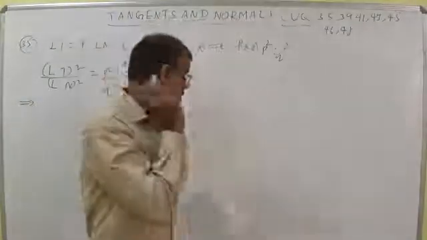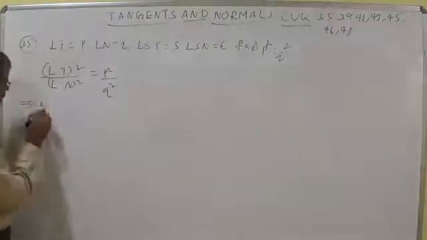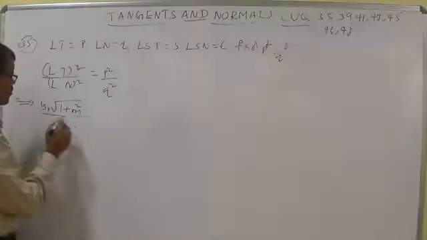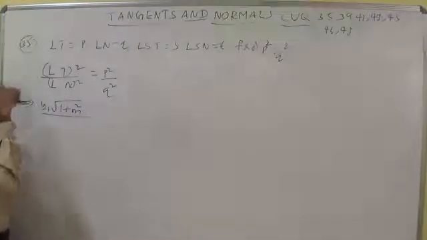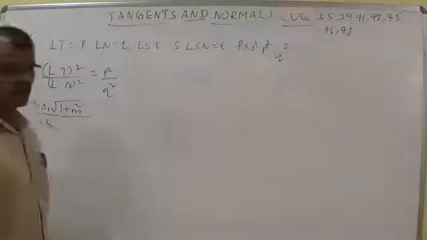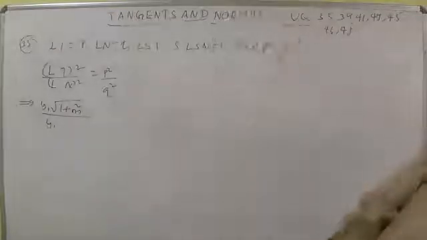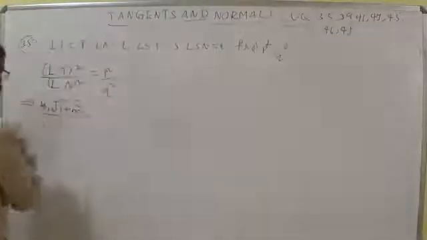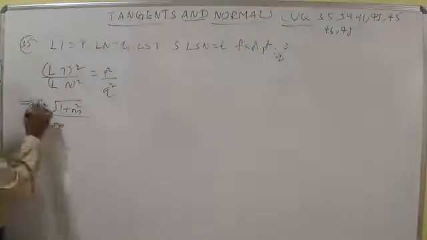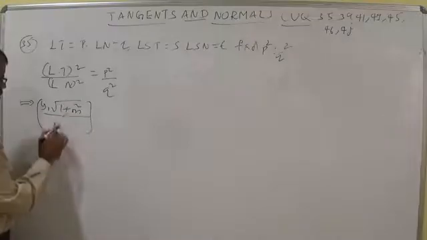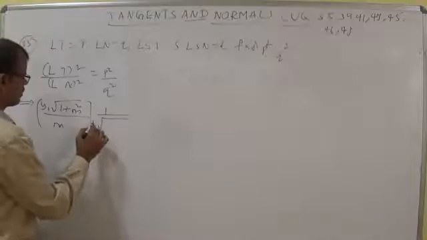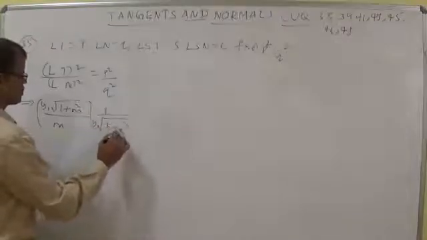Length of tangent formula is y1 into root of 1 plus m square by m, and length of normal formula is y1 into root of 1 plus m square.